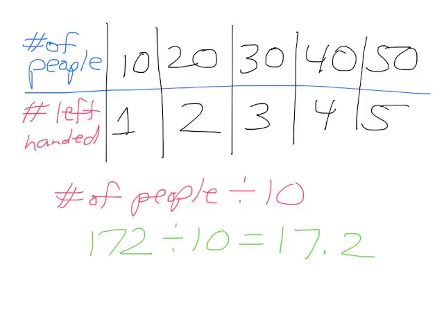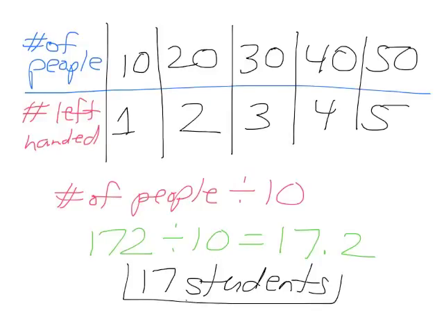Can you have 0.2 of a person? No. So it seems that the reasonable answer would be 17, and let's not say people, because the question said students. So really, 17 students would be left-handed.